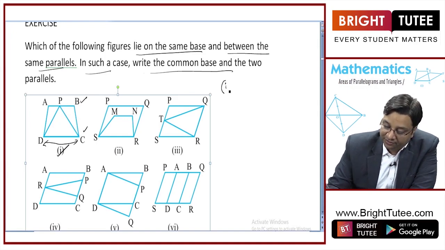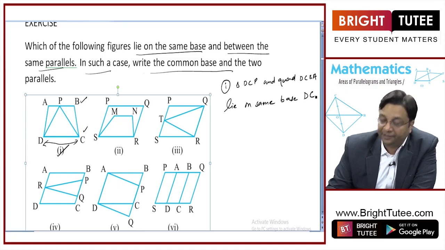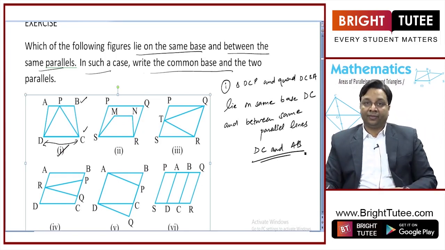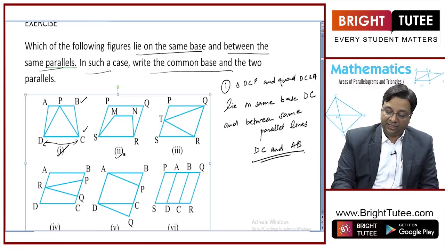So first part, triangle DCP and quadrilateral DCBA lie on same base, which is DC, and between same parallel lines, which are DC and AB, right. Let us look at the second one.